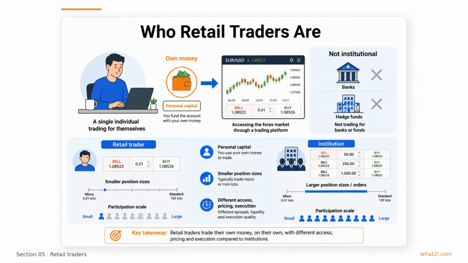Retail traders may still operate in the same markets as institutions, but they do not play the same role within the system. Their decisions are personal rather than organizational. In Forex, this means they are usually price takers rather than price makers. Understanding that difference helps set realistic expectations from the start.